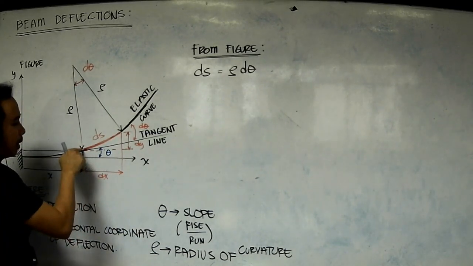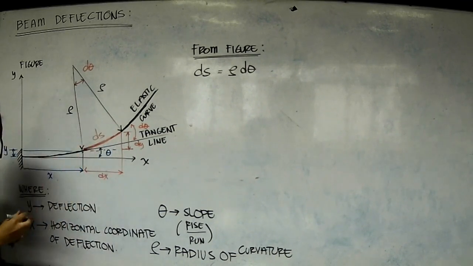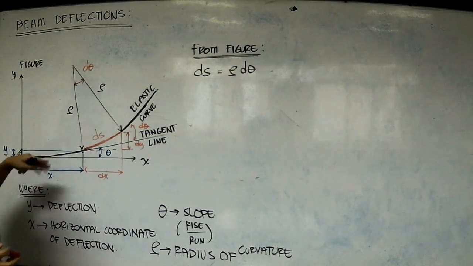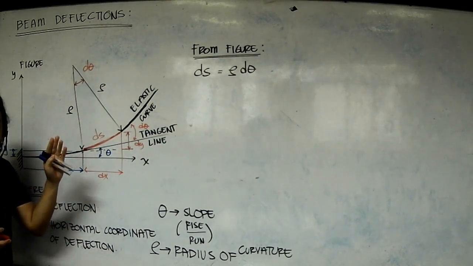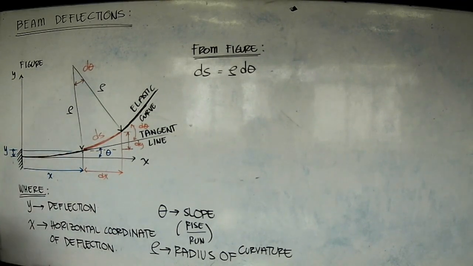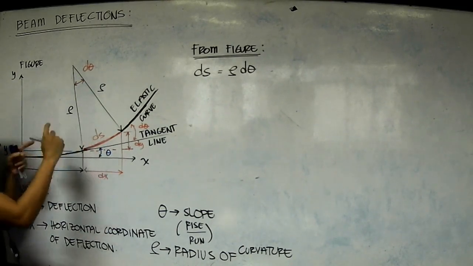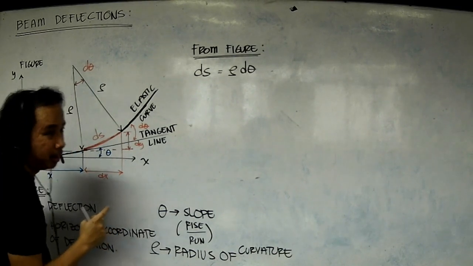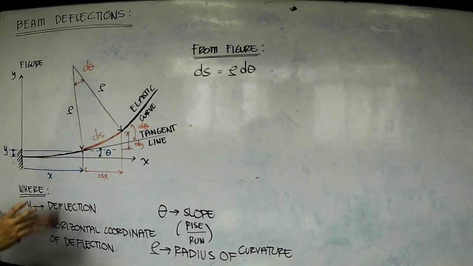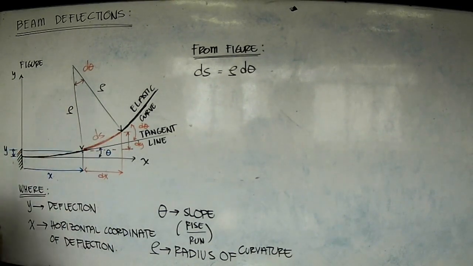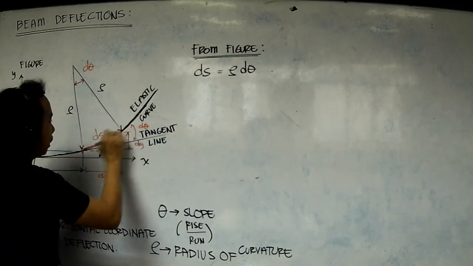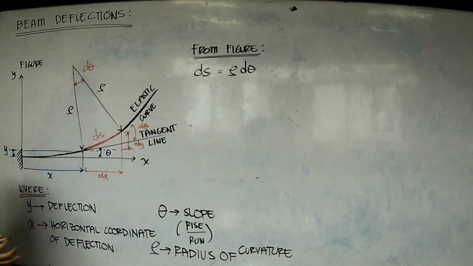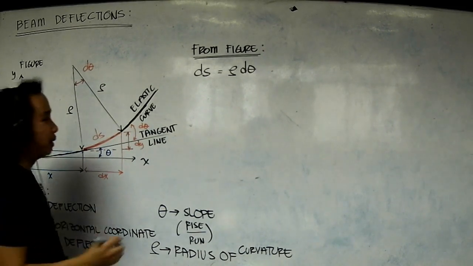Why not take this ds, which we described previously as curved? But since it is very small, taking this to an infinitesimally small level, why not assume that ds is actually a straight line that connecting both points. Anyway, it is very small. That is the fun part of calculus.